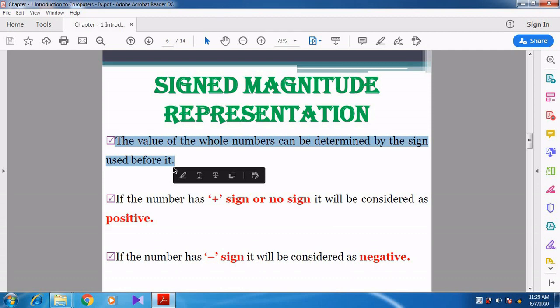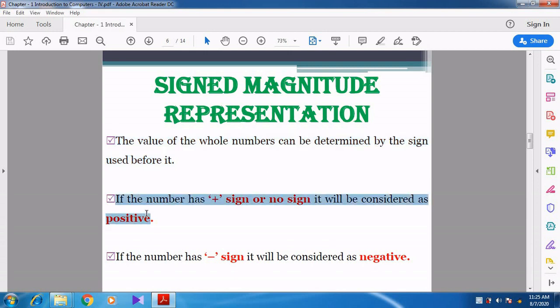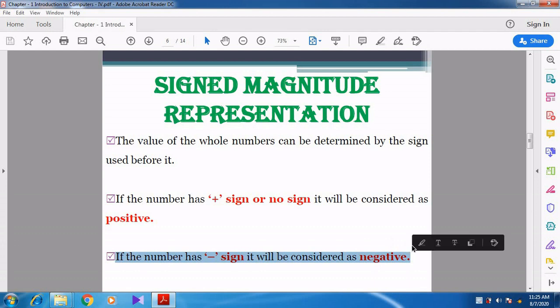Whether the value belongs to a negative number or a positive number is determined by that sign. If the number has a plus sign or no sign, it will be considered a positive number. If the number has a minus sign, it will be considered a negative number.